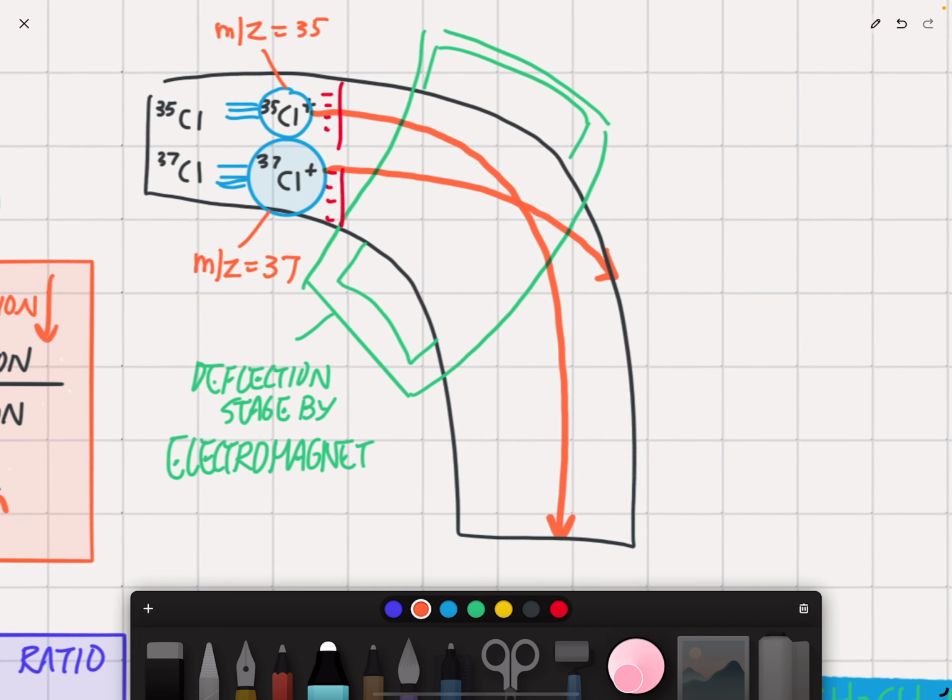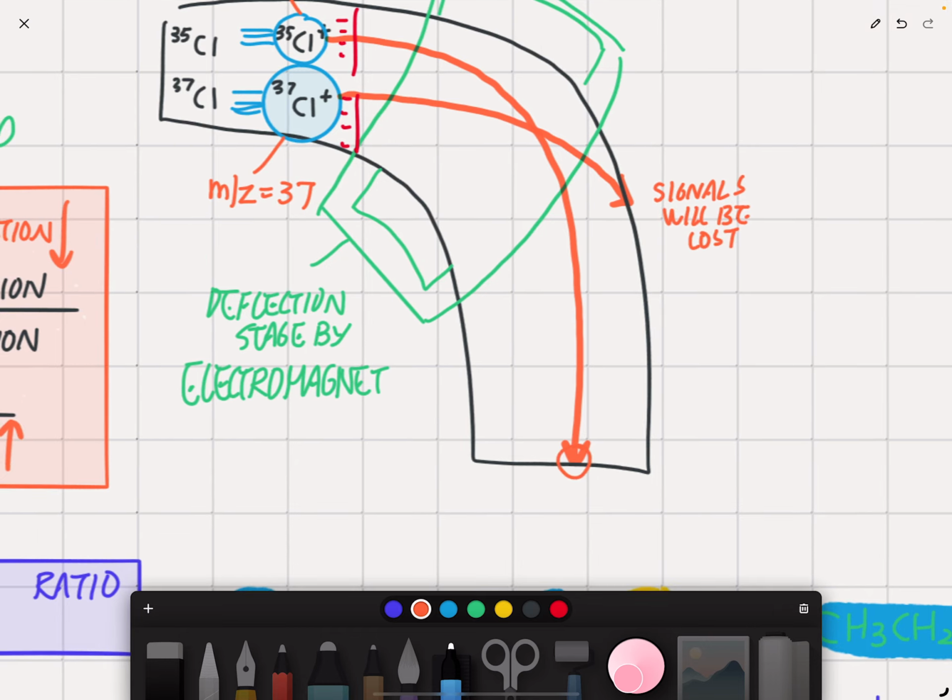And anything that hits the wall of the mass spectrometer will be lost. Okay, these signals will be lost. And anything hitting the detector, so remember this is where the detector is, these signals will be picked up. So we say 35Cl+ is detected here.